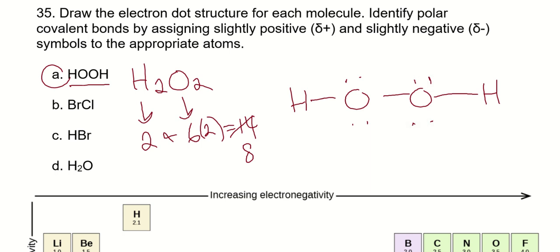And there we go. Now we know this is not a linear molecule because we learned in VSEPR that if you look at the central atom here, it has 1, 2, 3, 4 regions of electron density. So this is tetrahedral with bond angles of around 109.5 degrees. And same thing here. In other words, it is not linear.